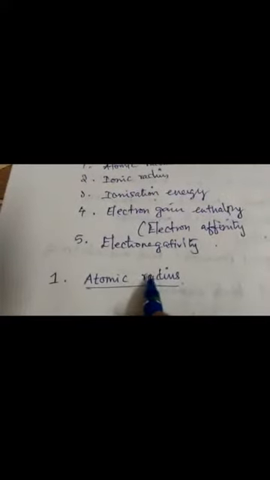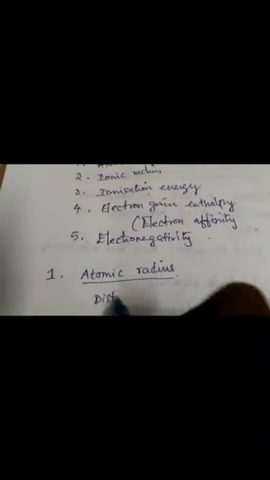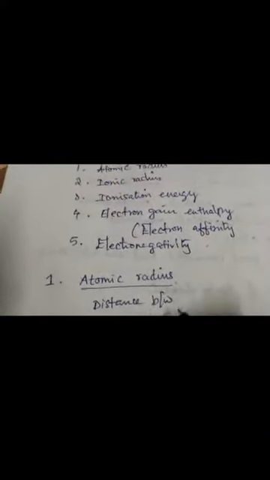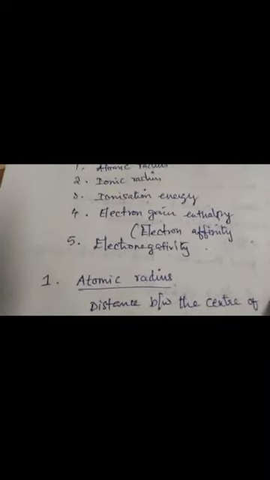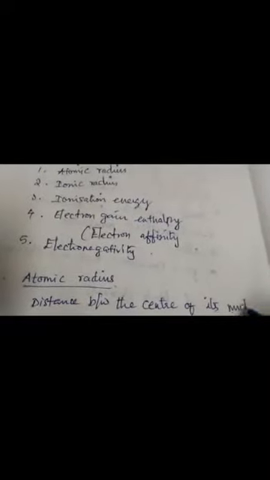First, atomic radius. Atomic radius means the distance between the center of its nucleus and the outermost shell containing the valence electron.